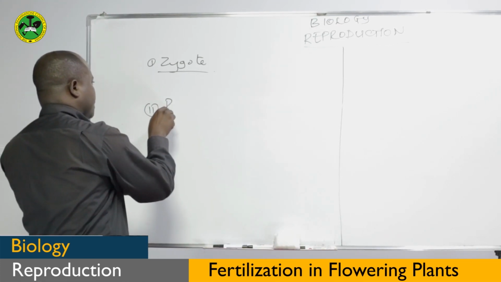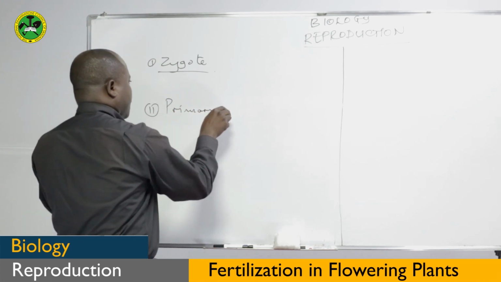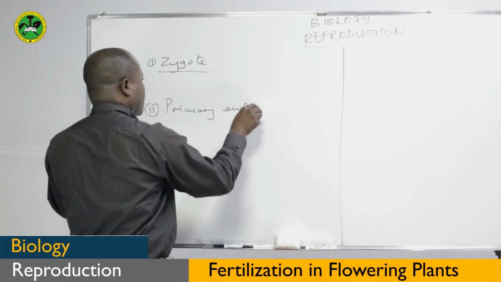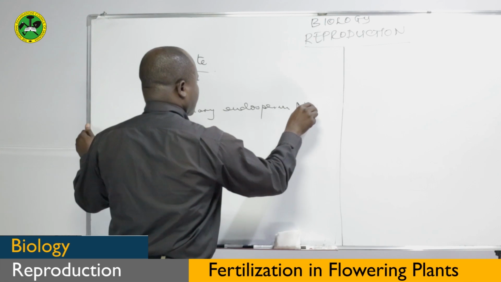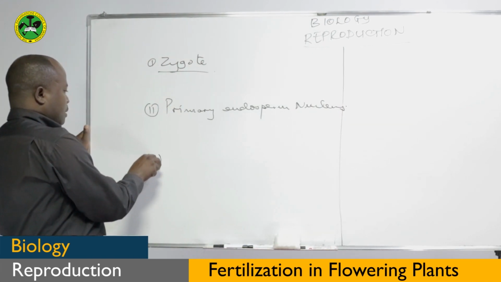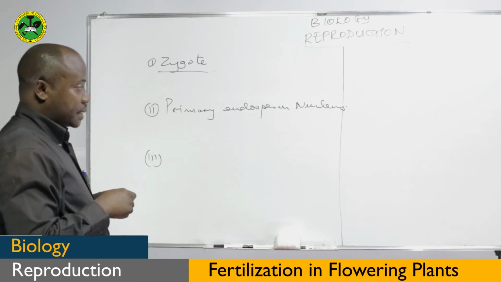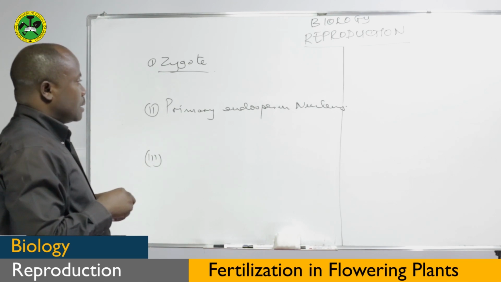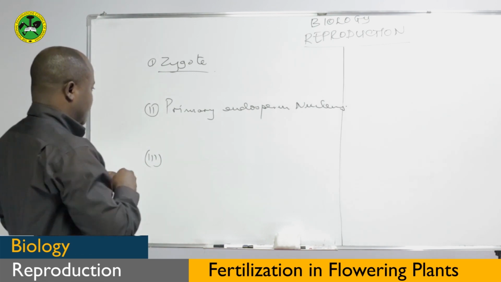The primary endosperm nucleus. But there are other cells present in the embryo sac at the time fertilization was taking place.